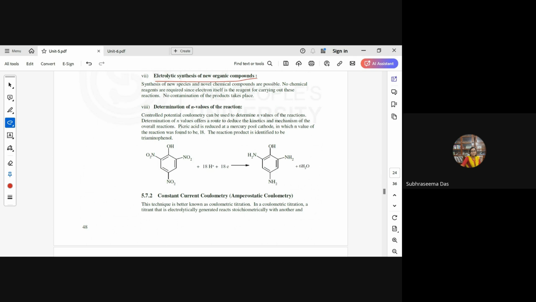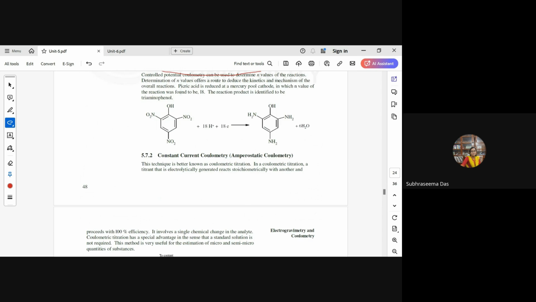It is also useful for determining n values of a reaction. The n values offer a route to deduce the kinetics and mechanisms of a reaction. So by the coulometry process, we can carry out controlled potential electrolysis and also find the value of n.